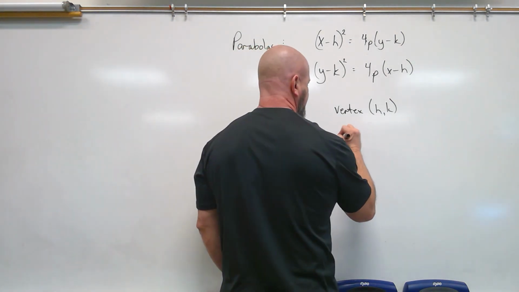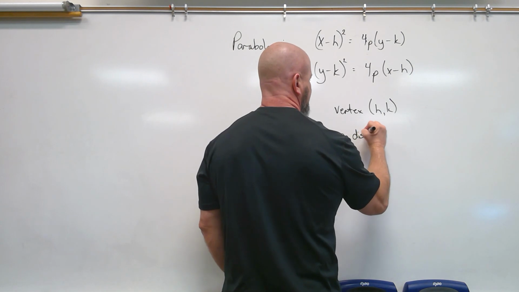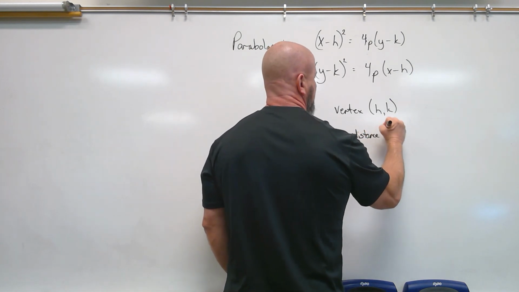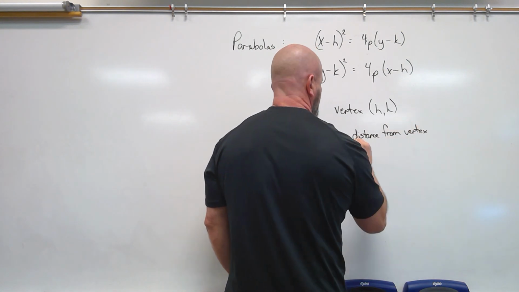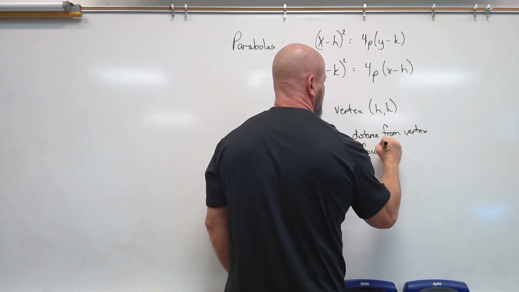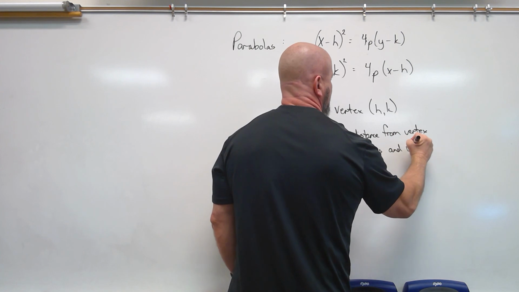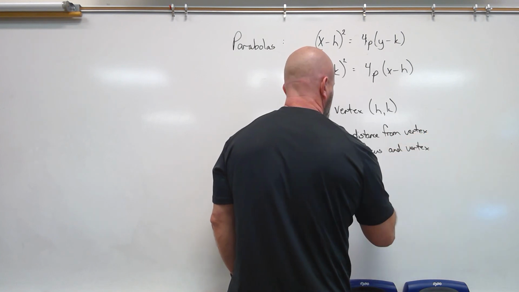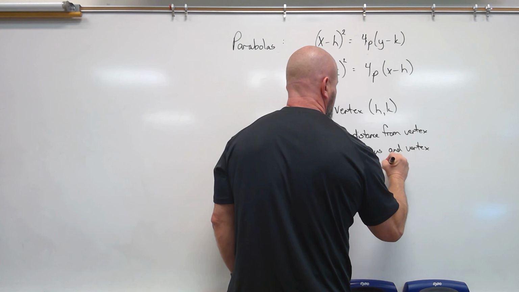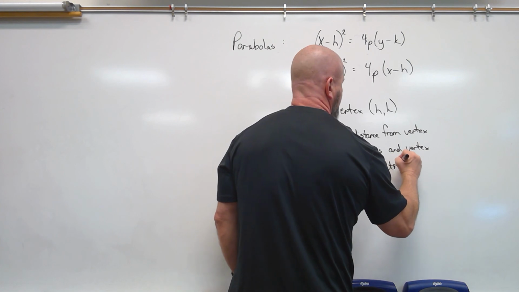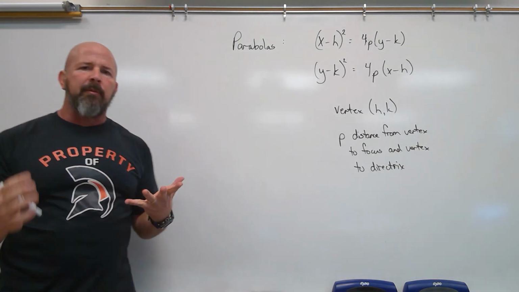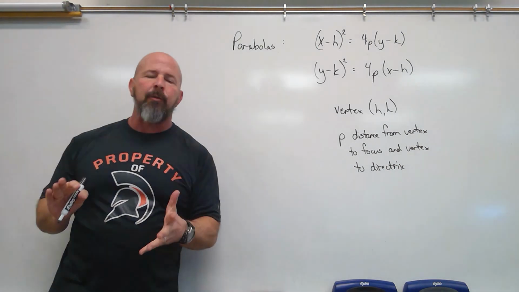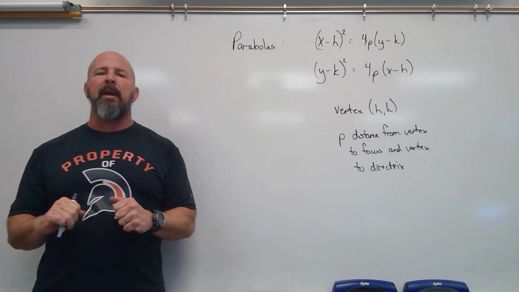So again, P in this case is the distance from vertex to focus and vertex to directrix. Now, the main lecture video went through a lot of different examples and focused on the fact that we've got to know first off which way these things are facing.